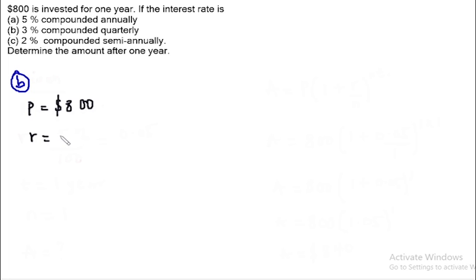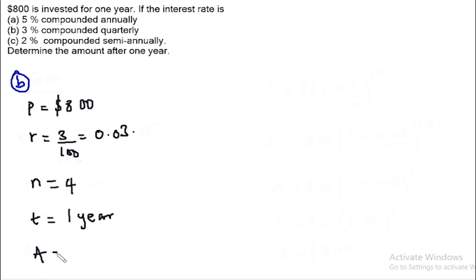We convert it to decimal: 3 divided by 100 is equal to 0.03. Now, compounding happens quarterly, so n is equal to 4. We are told to determine the amount after 1 year, so the time is 1 year.